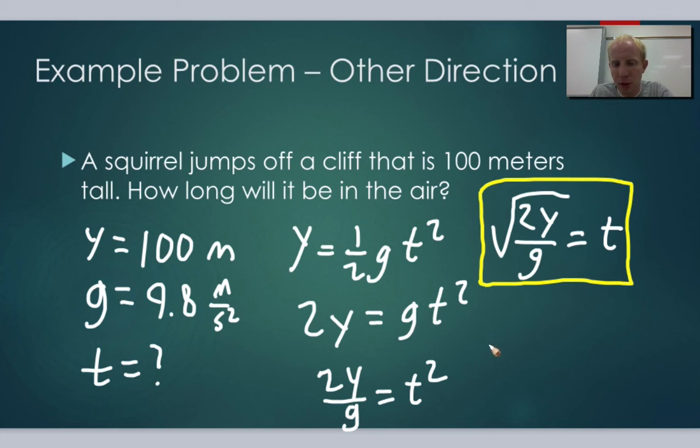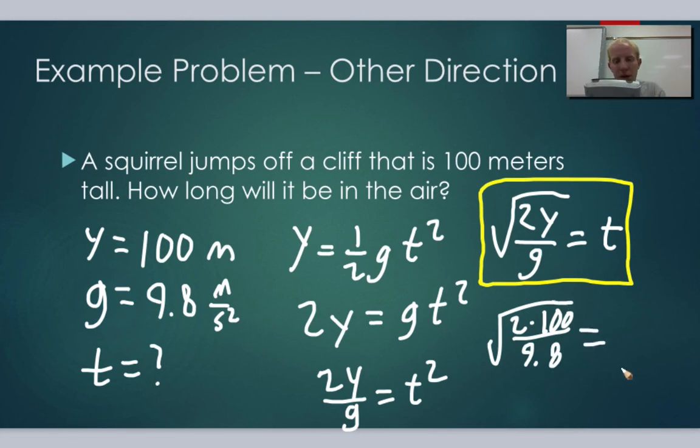So what we do is we do square root of 2 times 100 in this case over g, which is 9.8. And if you plug that into your calculator, square root of 2 times 100 divided by 9.8, you get that the total time that they were in the air was 4.5 seconds.